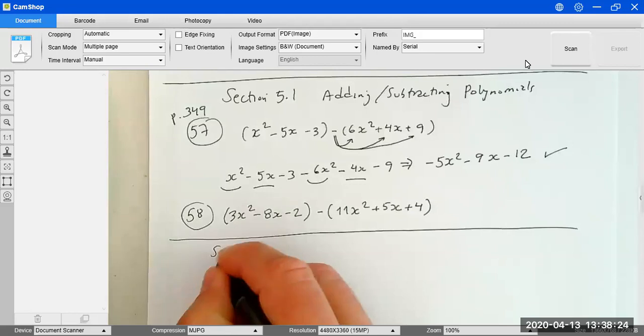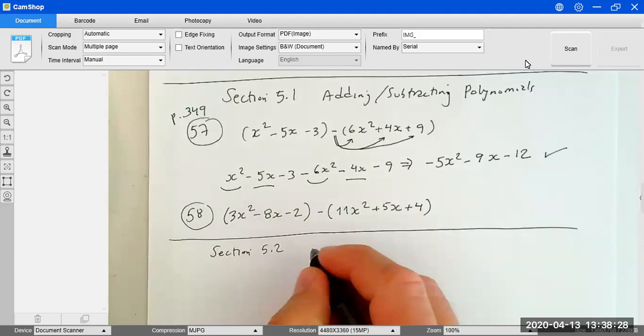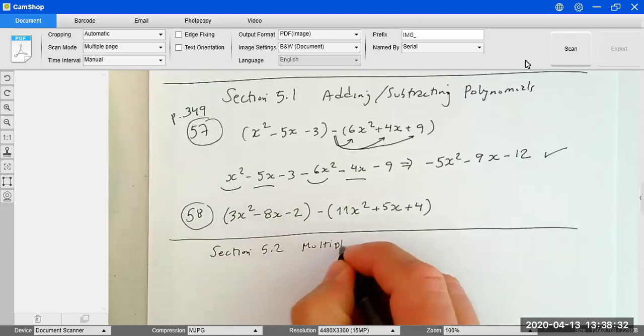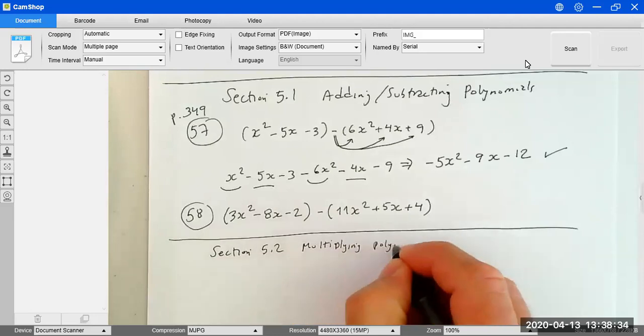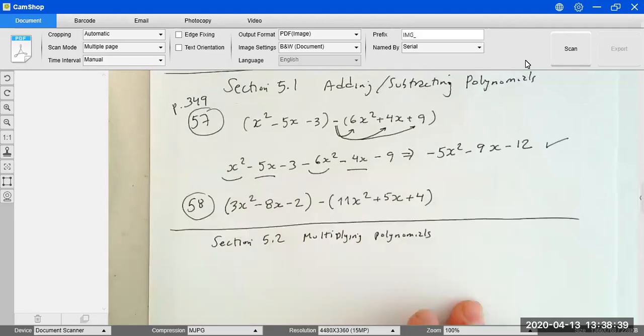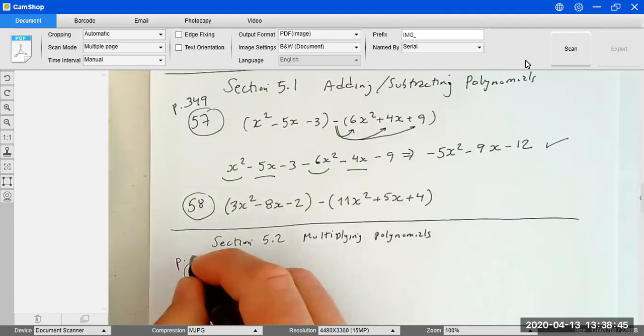So now from section 5.2, which is about multiplying polynomials, I'm going to solve one and you're gonna solve the other one. So we're gonna solve problem 77 from page 359.